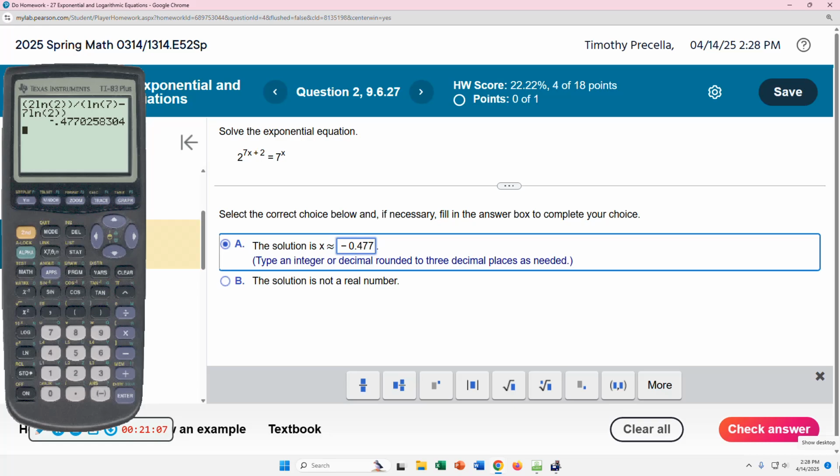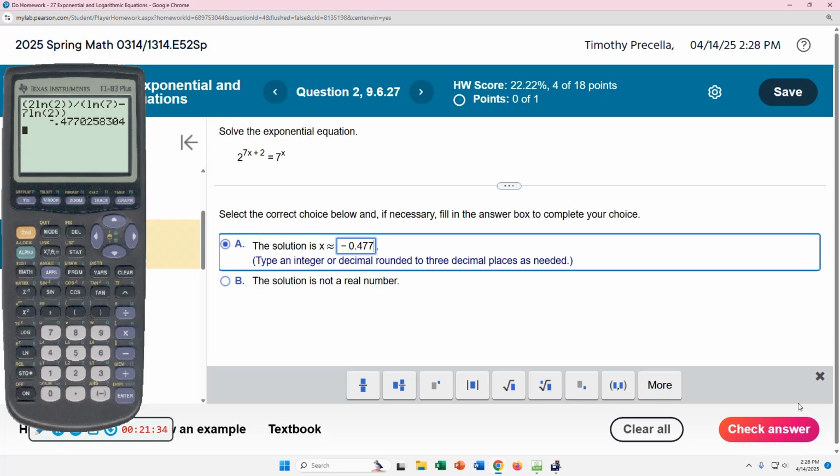It's theoretically possible that you could punch in this stuff and get some sort of error warning, non-real number or something. If that happens, then more than likely you messed up. But if not, then that's what this part answer is here. And we'll see that more later on.